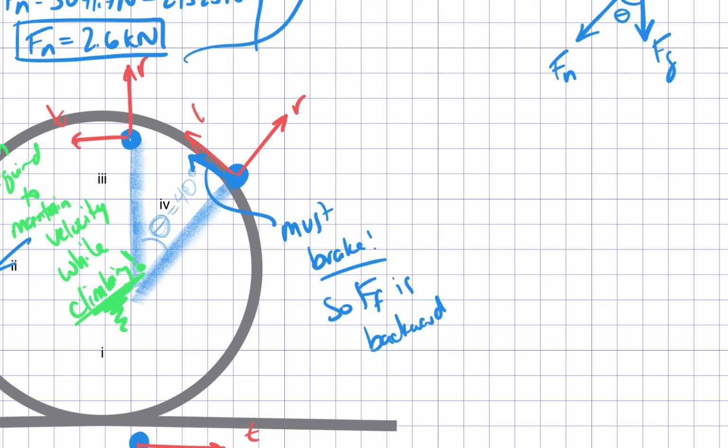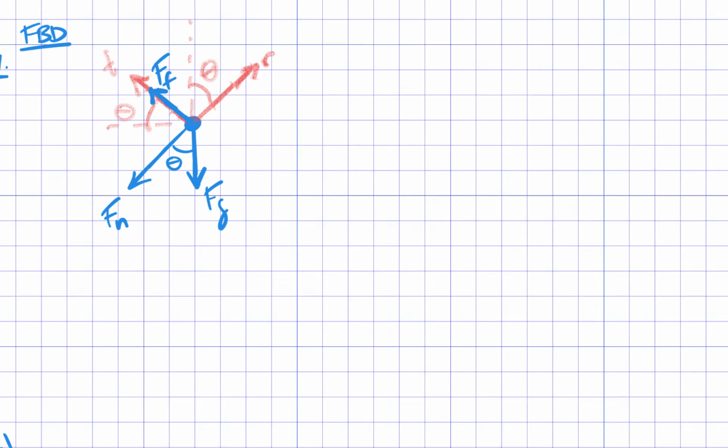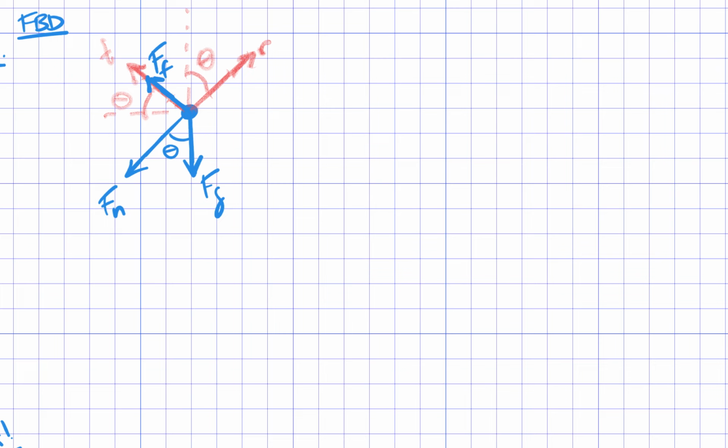So we'll do, and if you really understood forces on an incline, you should be okay here. But we're going to do the sum of the forces in the r direction equals m a_r. So let's see here in the r direction. Let's see, the force of friction's in the t direction. The normal force is in the negative r direction, so I'll get negative normal force.